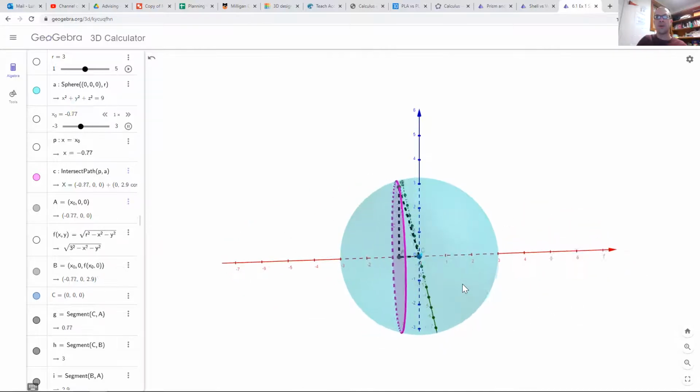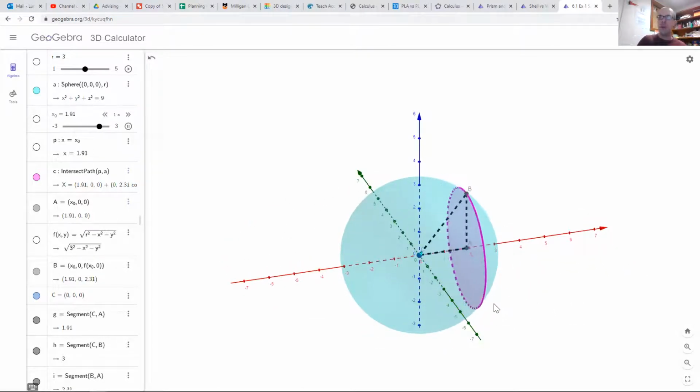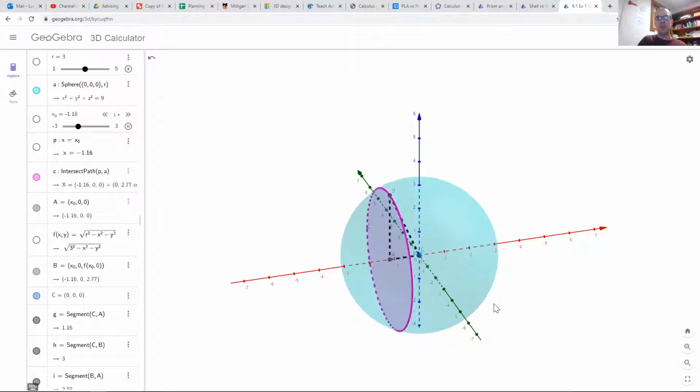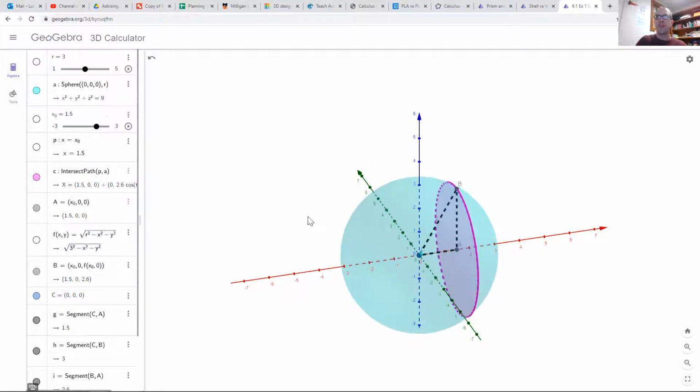This is probably a better orientation. Notice that as you go along, we have a bunch of circles, but those circles are of different sizes. So as we describe the cross-sectional area, we're going to have to do that in such a way that measurements vary according with the cross section.